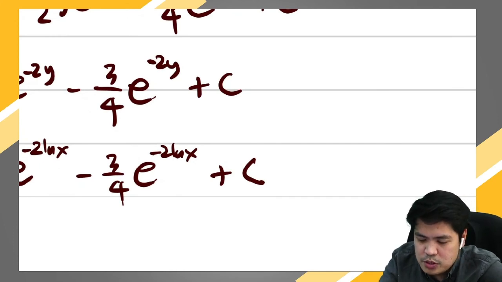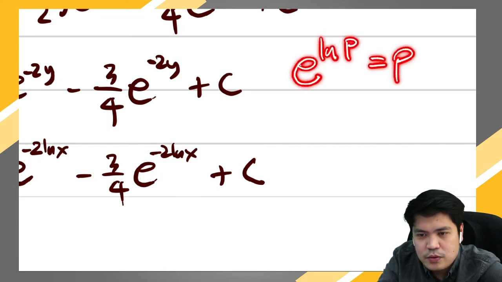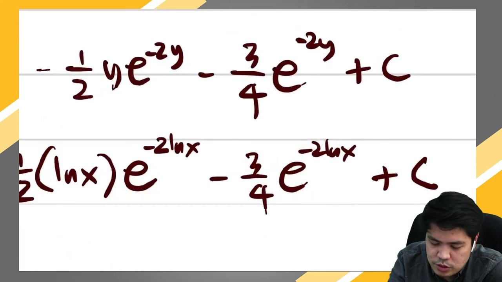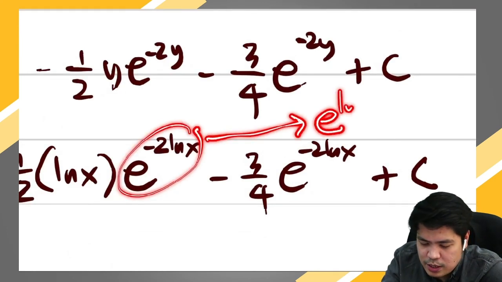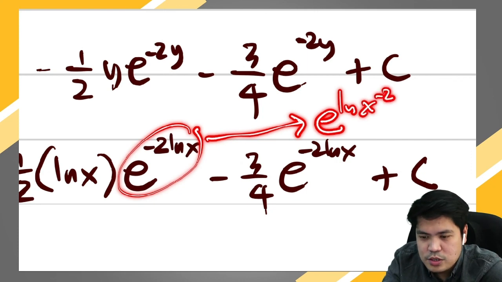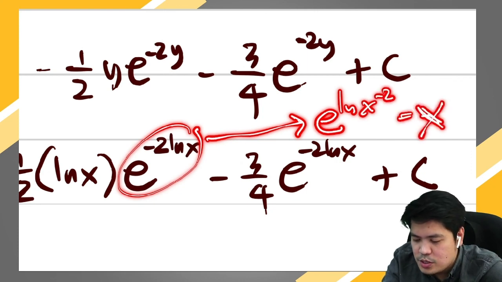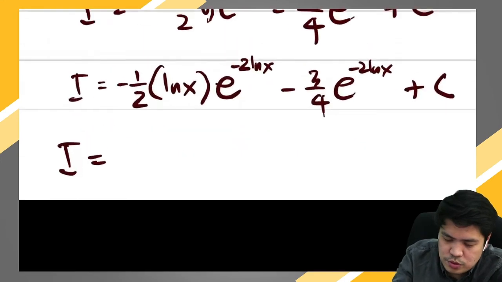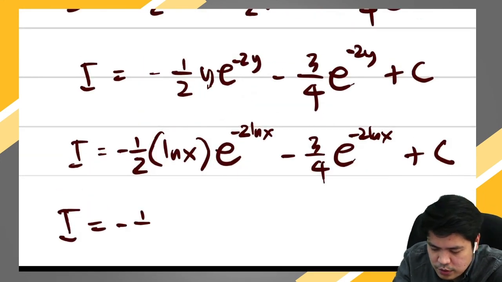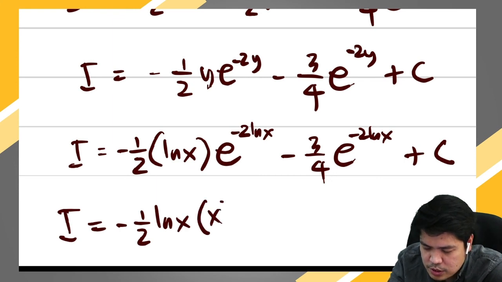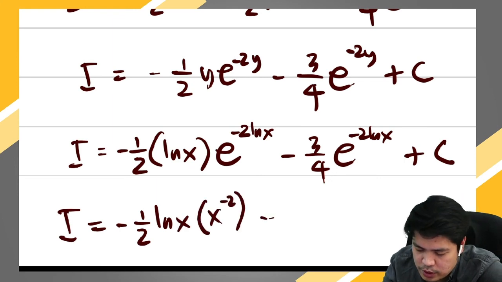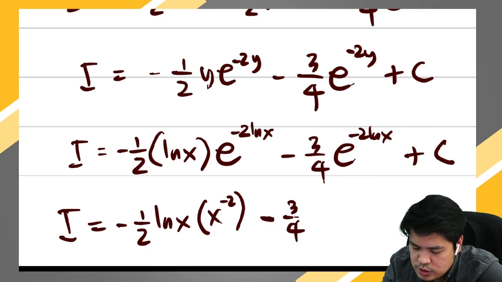We know from the properties of logarithm that exponential ln p is equal to p, right? So, eto siya. We could actually rewrite this as exponential ln x raised to negative 2, right? So, therefore, this is equal to x raised to negative 2. So, therefore, let's rewrite this to negative 1/2 ln x times x raised to negative 2 minus 3/4 x raised to negative 2 plus c.